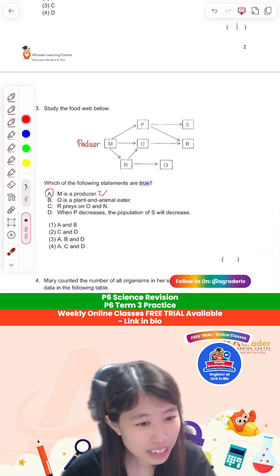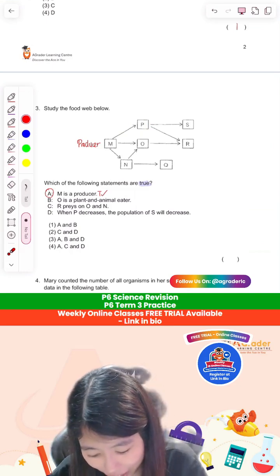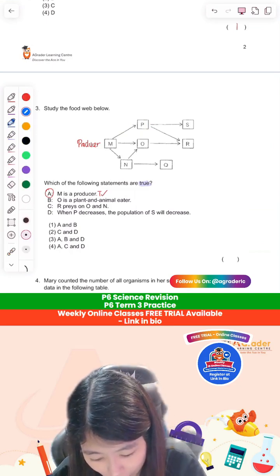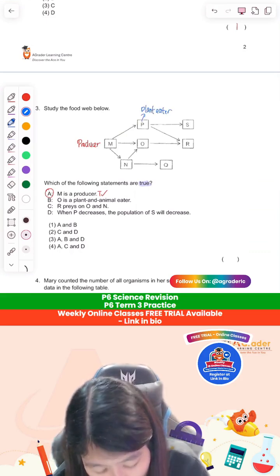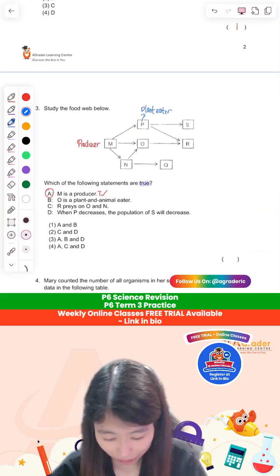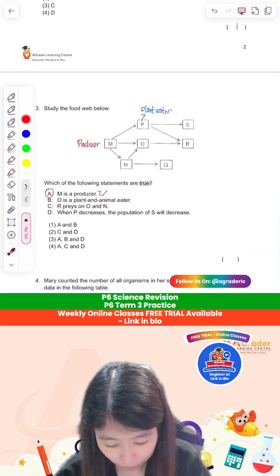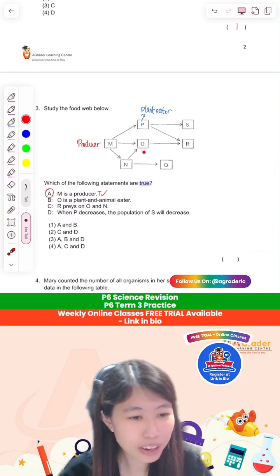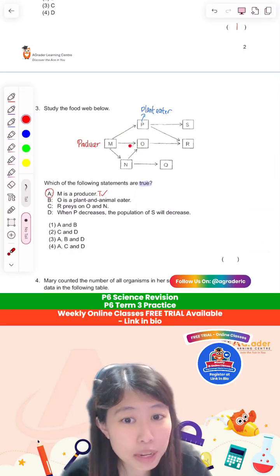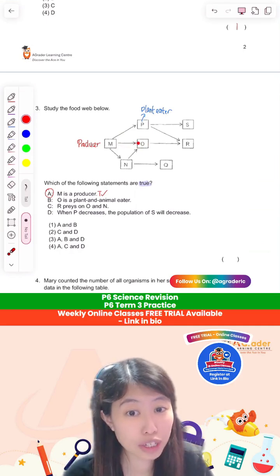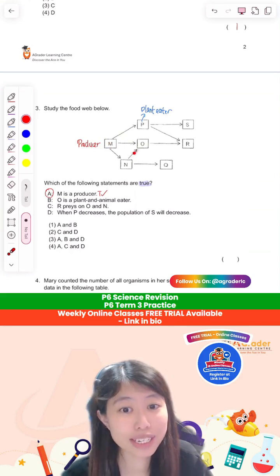Very good. Thank you, Iris and Peifong. Yes. All right. We know that P eats plant. It's a plant eater. Okay, what about O? Very good. Thank you, Octopus. O eats both plant and animal, right? It eats M, which is a producer, which is a plant, and it eats N, which is an animal.